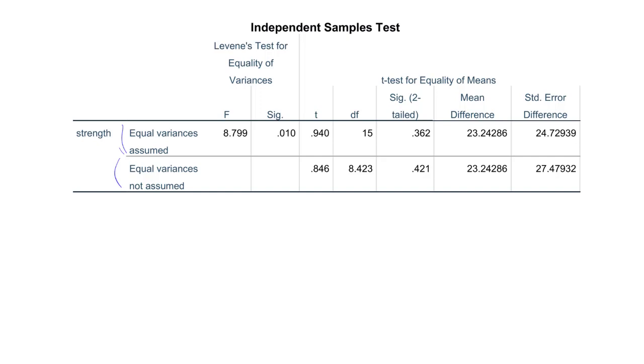So remember here, you look at Levene's test. Here's the significance level from Levene's test, but this 0.01 is less than 0.05. Since that's small, I am not going to assume equal variances. So I'm going to instead not assume them.